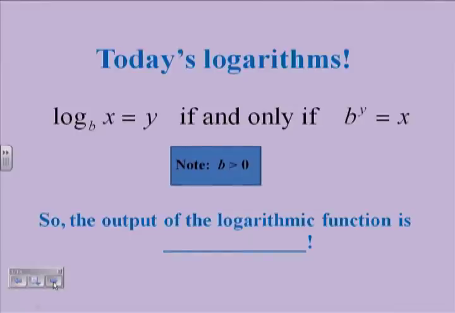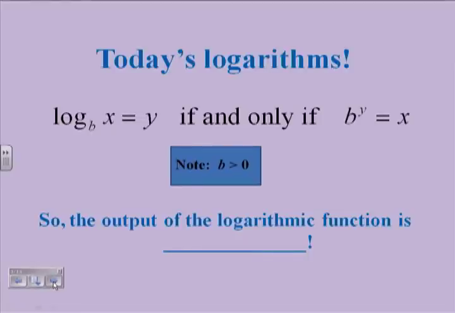You'll see that we're turning around, switching input and output. The input and output got switched from an exponential function. And please do note b has to be bigger than 0, and it would be extremely boring if it were 1. Okay, so those are our limitations.